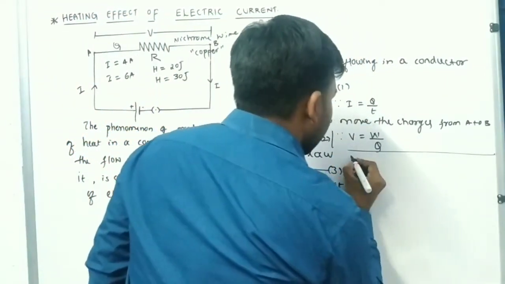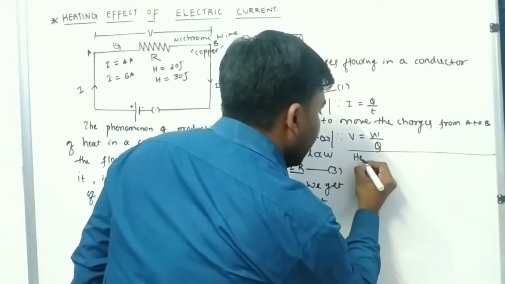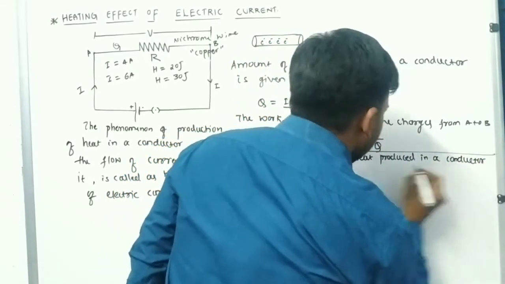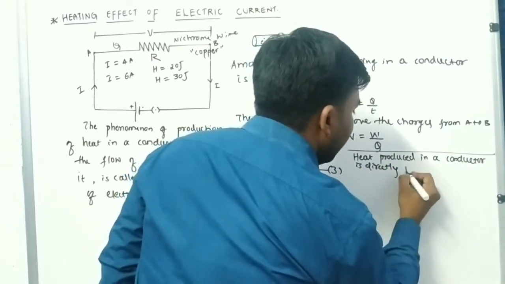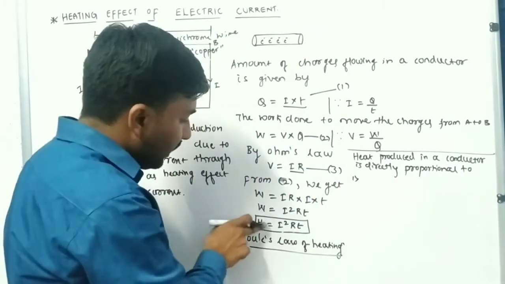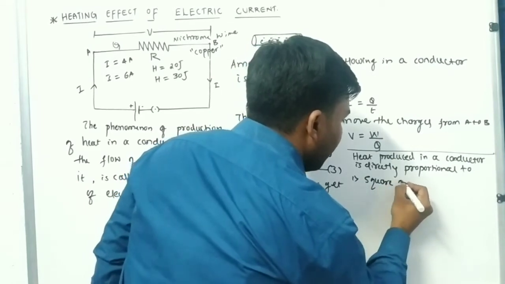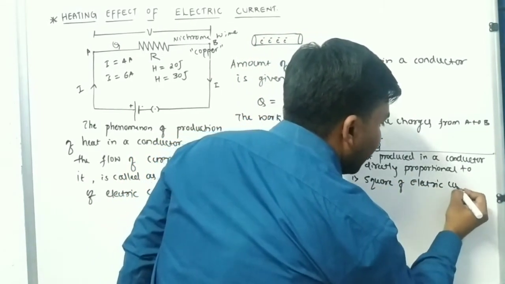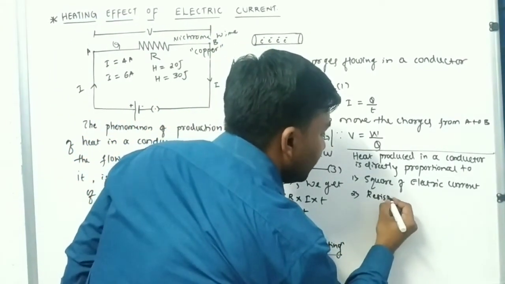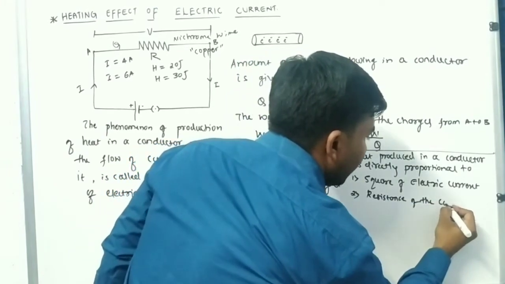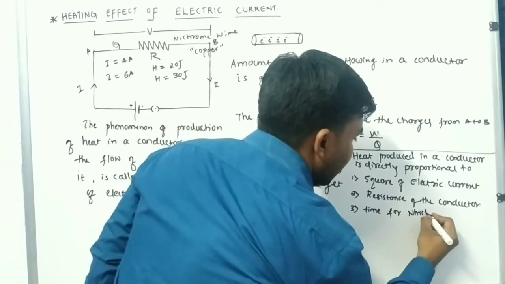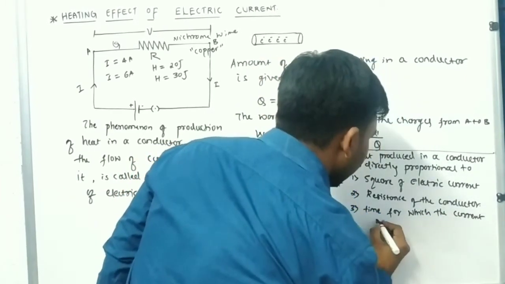So let us write here: the heat produced in a conductor is directly proportional to, first, the square of the electric current; second, the resistance of the conductor; and the third is the time for which the current is passed.